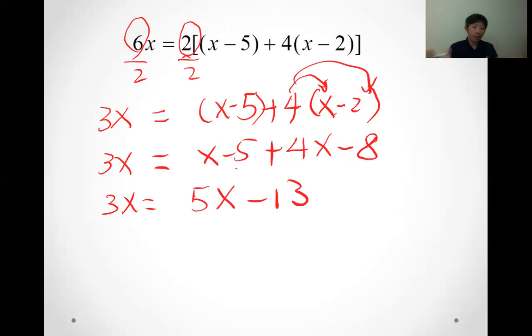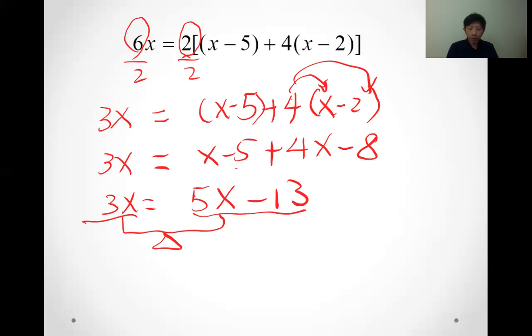All right. Now again, I want to solve for x. So I want to put x on one side and everything else, the numbers, on the other side. Again, this is kind of like a scale, right? So we have to keep a balance. If I minus something on the right-hand side, on the other side I have to minus the same thing. So in this example, I have 5x that I want to move to the other side, so I minus 5x.